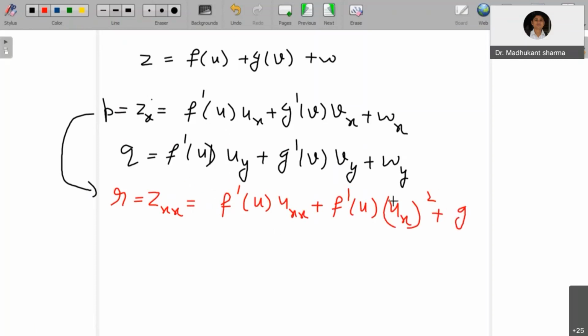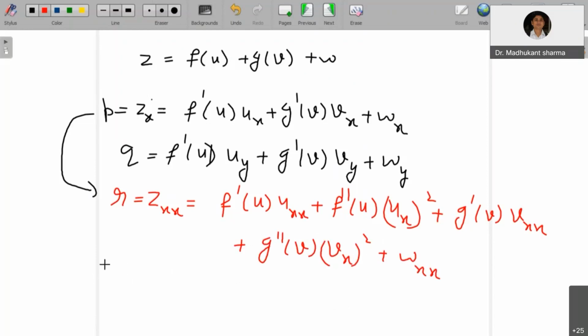Similarly, g dash of v vxx plus g double dash of v vx whole square plus wxx, and so on.